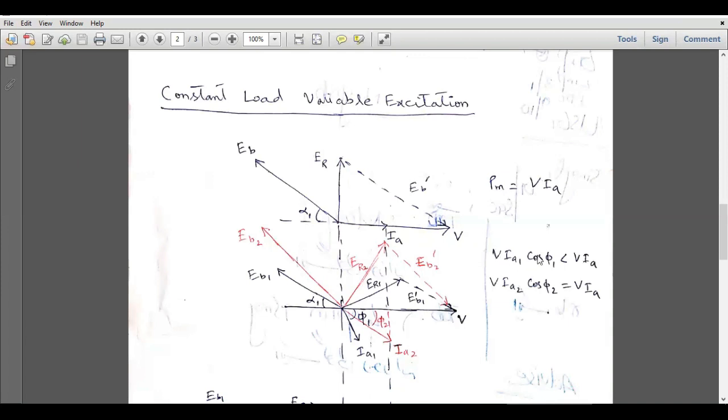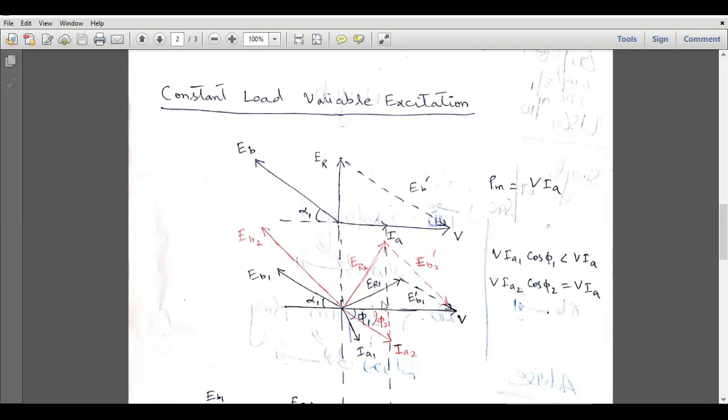So this is also written over here. Initially V times IA1 cos phi 1 is smaller than V times IA. So this will not be the steady state of the synchronous motor, since it has to supply the power which is exactly equal to V times IA.